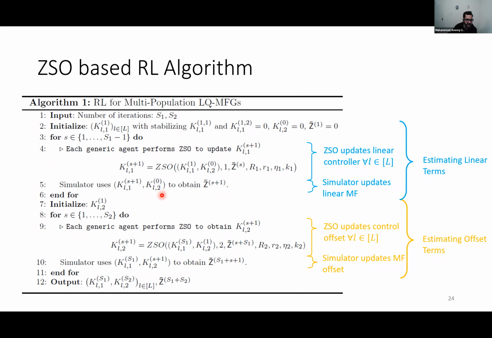Other than that, for the second part of the algorithm, one small detail that I didn't mention is that there are two parts of the linear controller, plus the offset, which is kept 0. The first part is linear in the state of the agent. The second part is linear in the mean field.